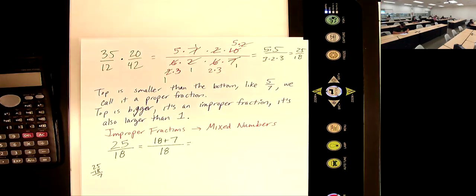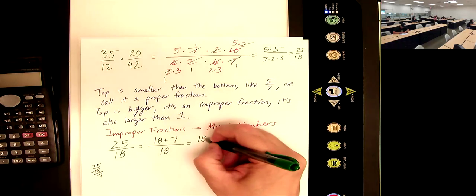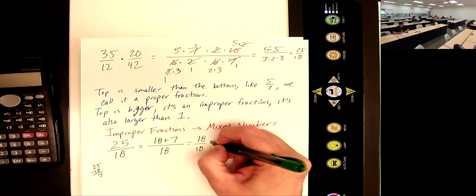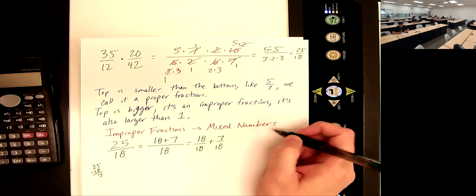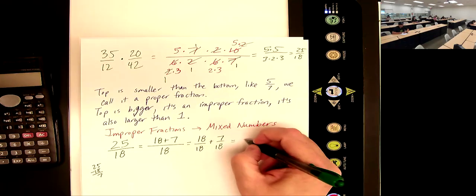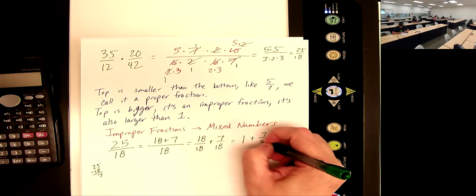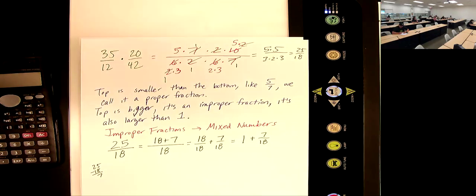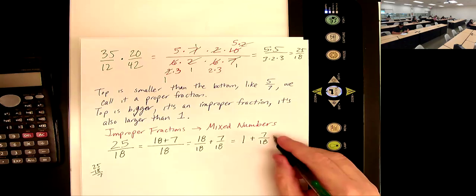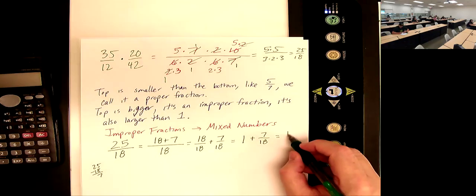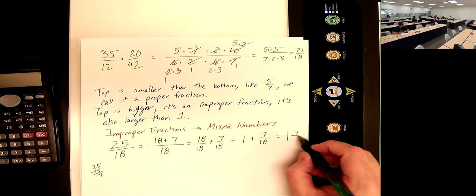If they have a common denominator, we can actually pull them apart. This is 18 over 18 plus 7 over 18. And the 18 over 18 is a 1. And we generally write mixed numbers without putting a plus sign between them.